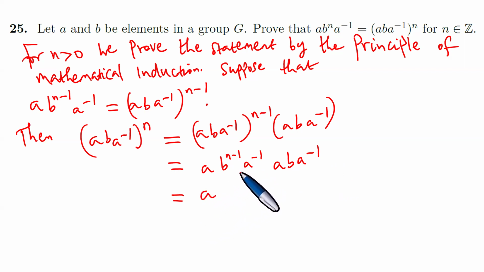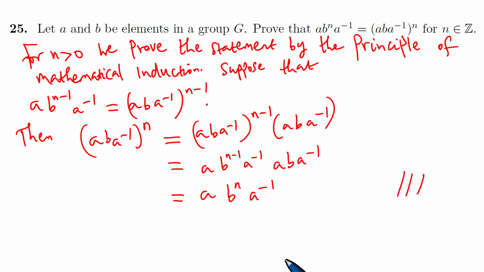Obviously you're able to see that this times this is going to be b to the power n this way, which is exactly what we get here on the left of the given equation. And so now we have this.